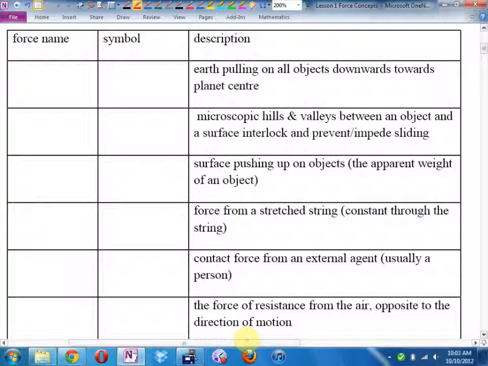What did we call the force that was the Earth pulling on all objects downwards towards the planet's center? Gravity. Symbol, capital F, lowercase g. Gravity.